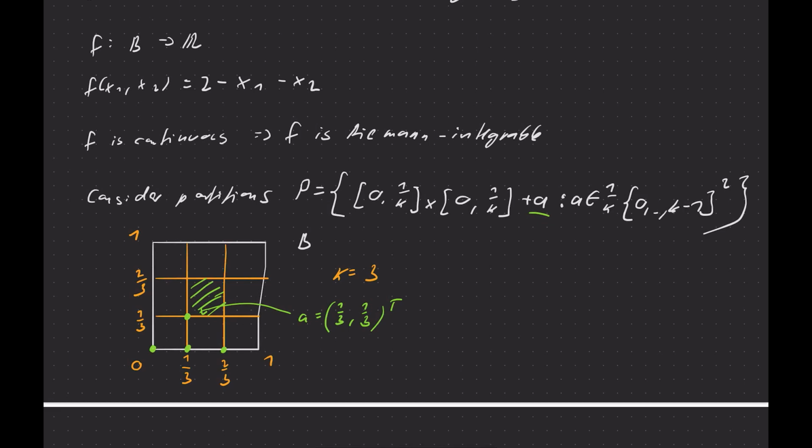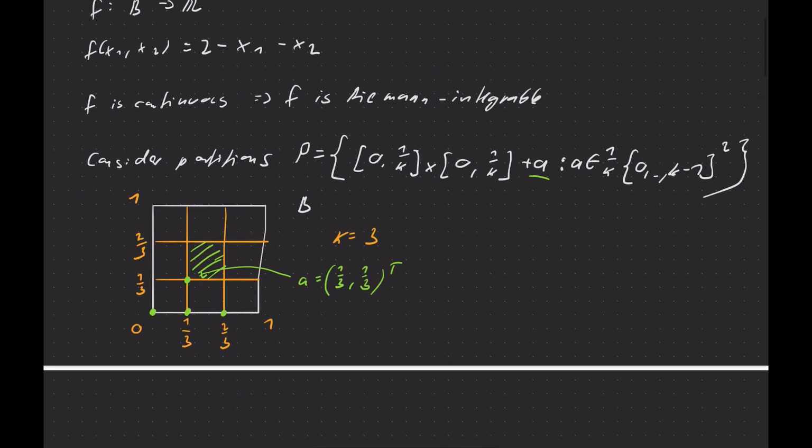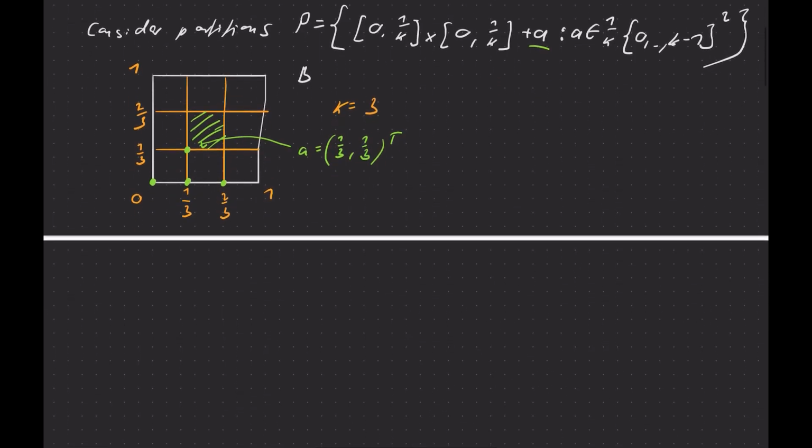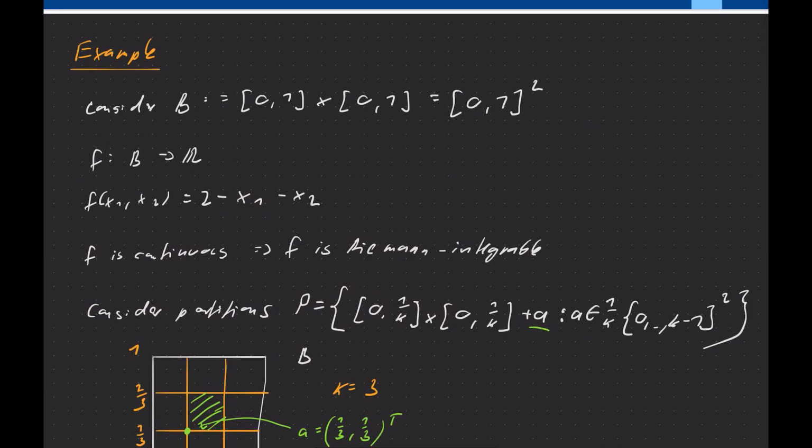And now what we need to compute is the minimum or the infimum and the supremum of f over those boxes. Because f is continuous and those boxes are compact sets, we can actually compute the minimum and the maximum. Now if you look at f, then you'll see that it's 2 minus x1 minus x2.